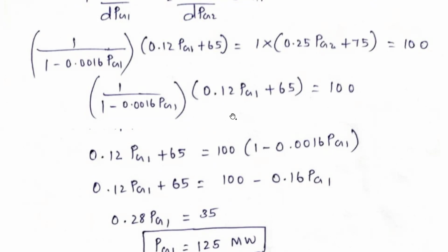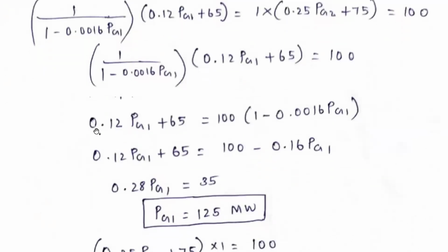This part is 1 minus 0.0016 into Pg1. Actually, if you multiply this, it will become a complex equation and very difficult to solve.